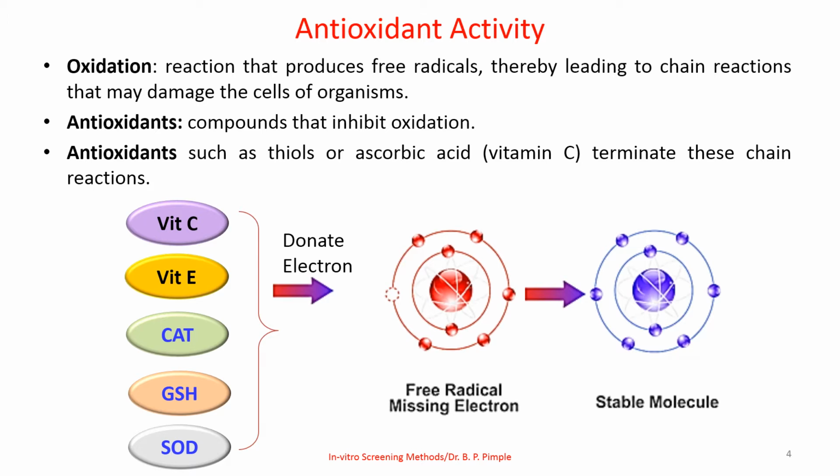Now, sweeping these free radicals is called scavenging. Scavenging means cleaning. Cleaning of the free radicals from the body is called scavenging. Now, these antioxidants have free radical scavenging activity.